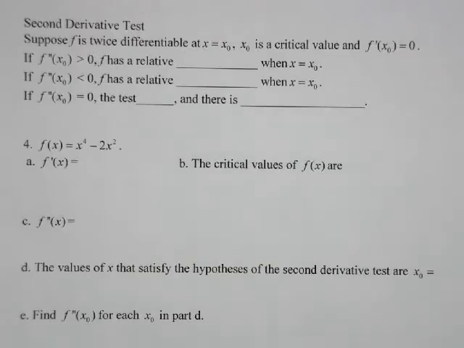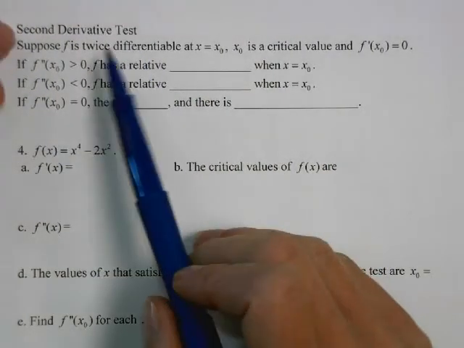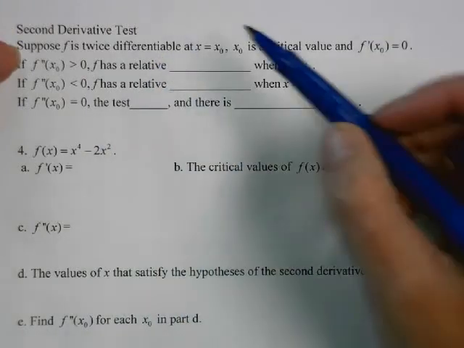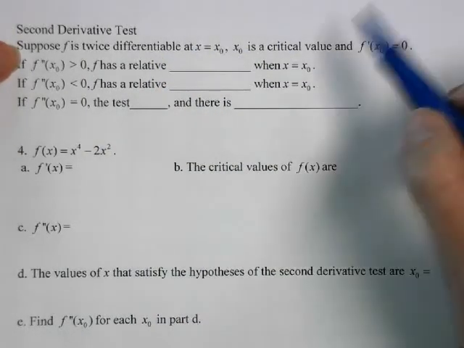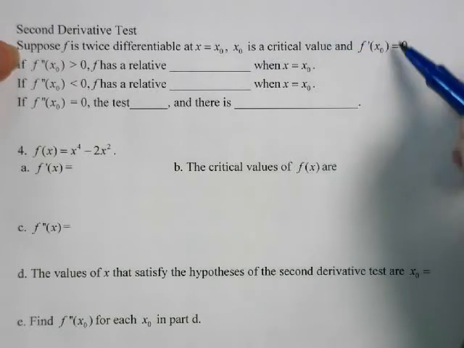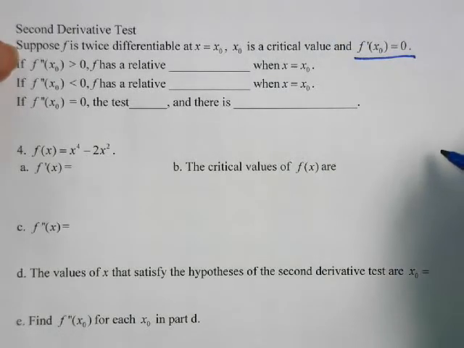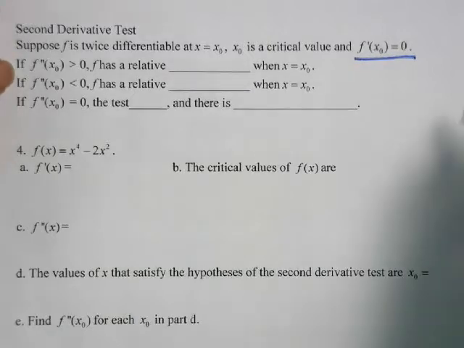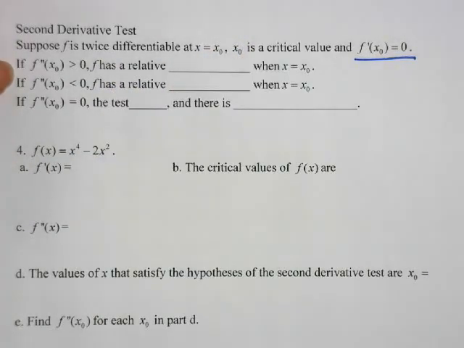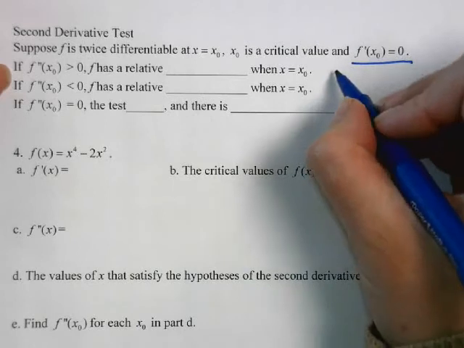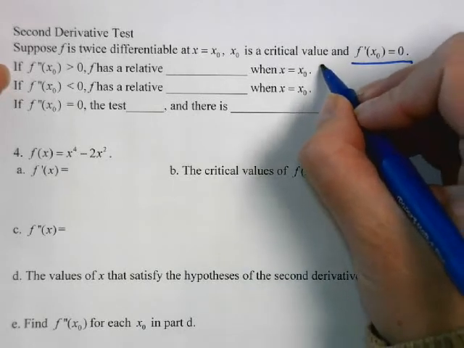The second derivative test is another way to prove whether a point is a maximum or a minimum. So the second derivative test says if you have a twice differentiable function at x0, and x0 is a critical value. So if the first derivative is 0, and that's really important, if the second derivative is greater than 0, that means our graph is concave up.